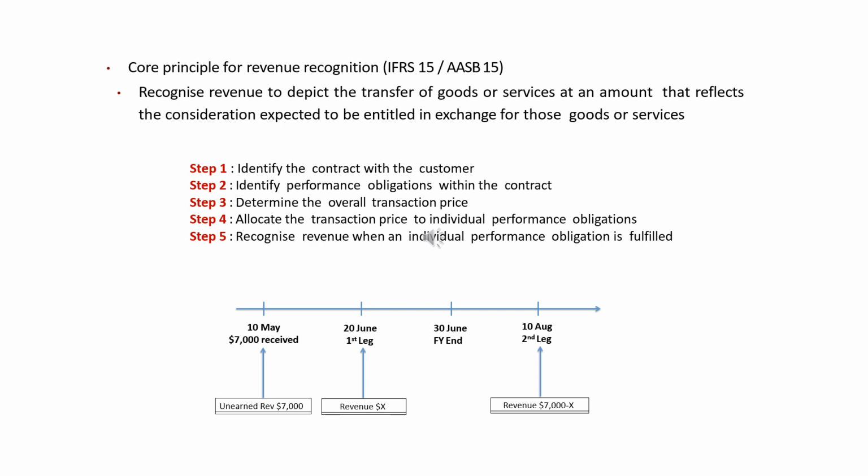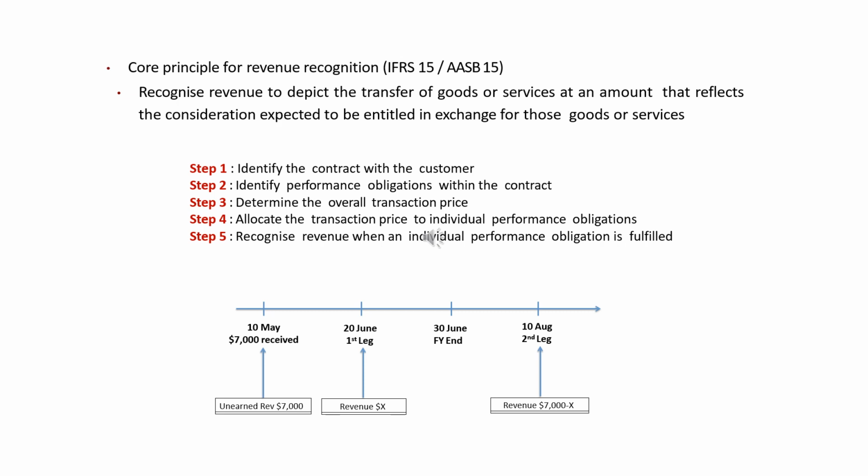So in case of, for example, on 10th May, when the passenger bought the ticket for 7,000, it was recorded as an unearned revenue for the company.